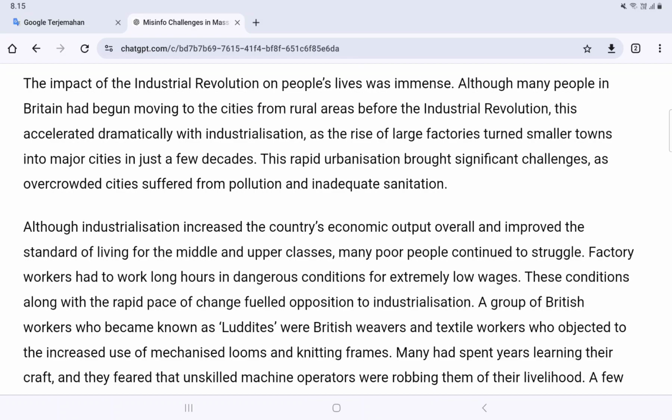The impact of the Industrial Revolution on people's lives was immense. Although many people in Britain had begun moving to the cities from rural areas before the Industrial Revolution, this accelerated dramatically with industrialization, as the rise of large factories turned smaller towns into major cities in just a few decades. This rapid urbanization brought significant challenges, as overcrowded cities suffered from pollution and inadequate sanitation.